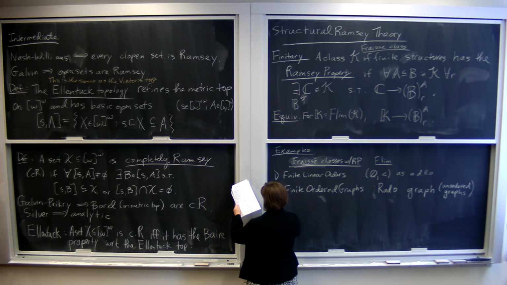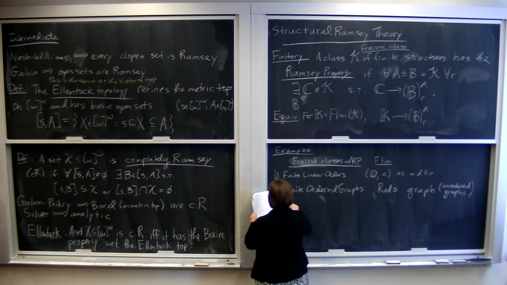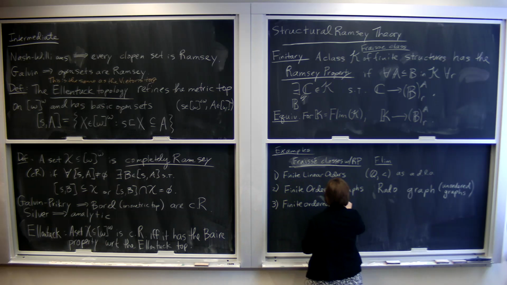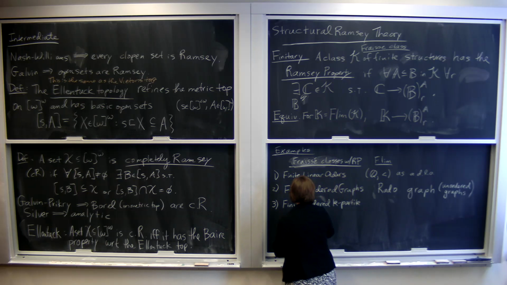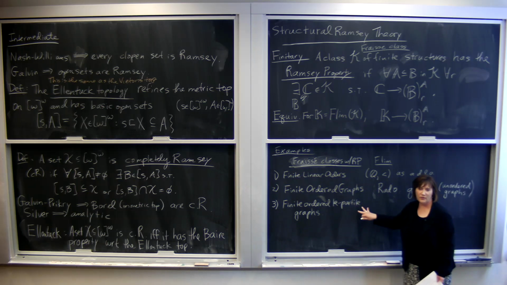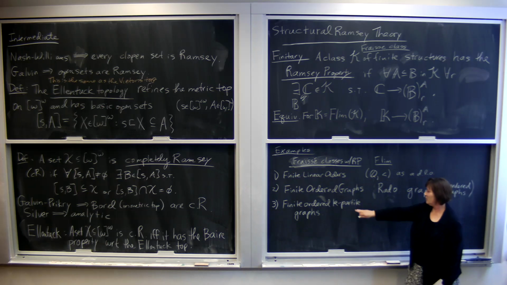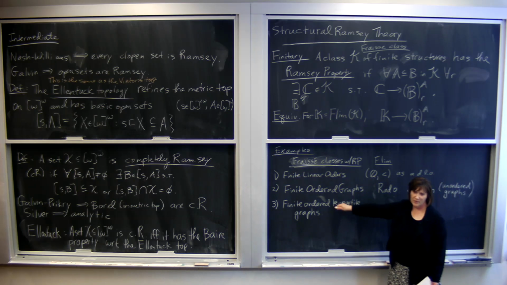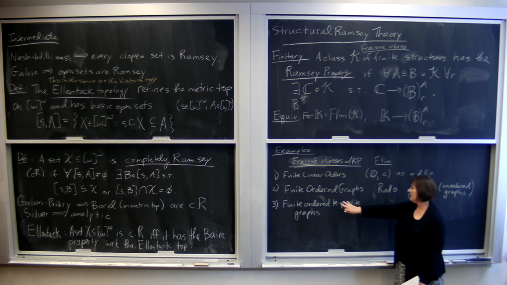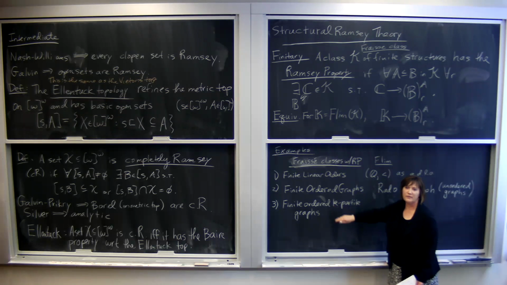Third, finite ordered K-partite graphs. Right, so these are actually now involving unary relations because you've got 1 unary per number in K to divide up the partitions. So this is K unaries and 1 binary relation.